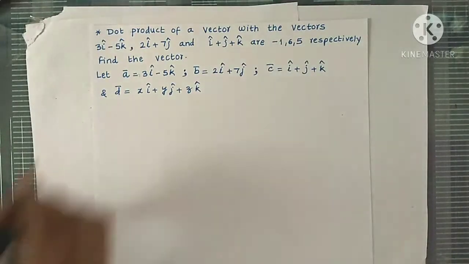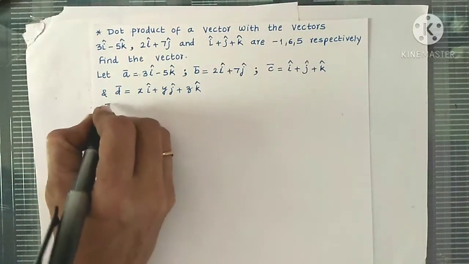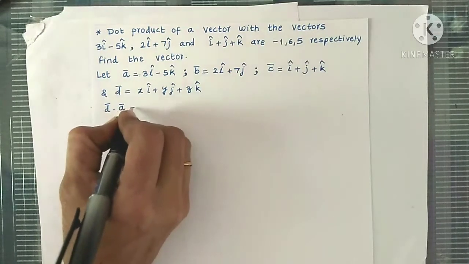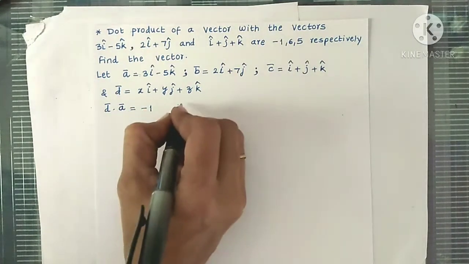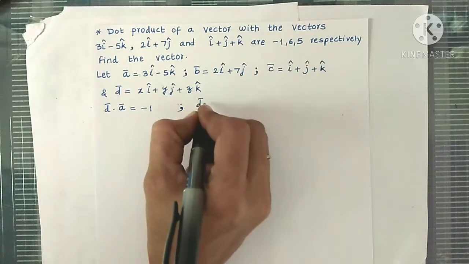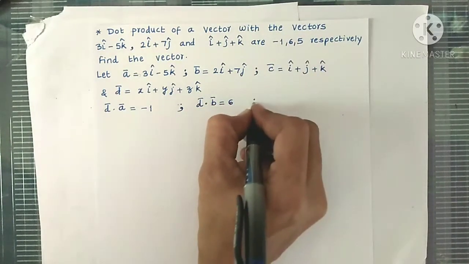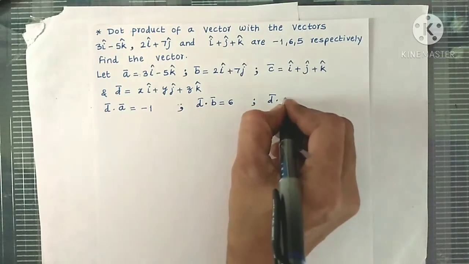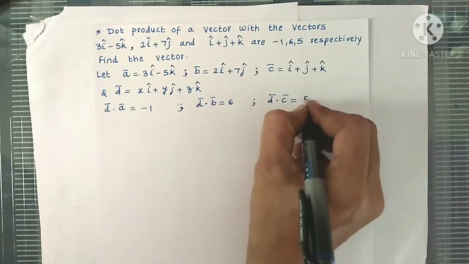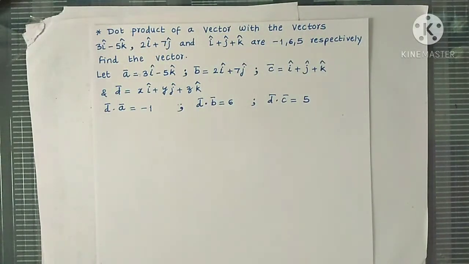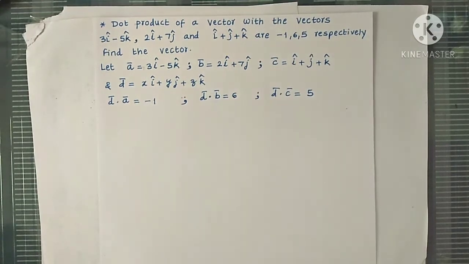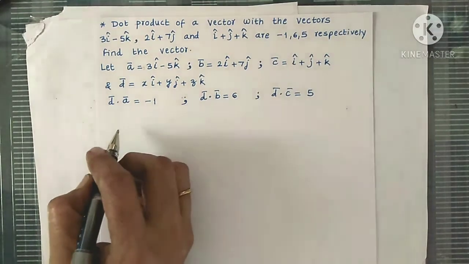So let's write that: d bar dot a bar equal to minus 1, then d bar dot b bar equal to 6 and d bar dot c bar is 5. So using this dot product, we will have three equations in terms of x, y and z. So let's write those equations and solve them simultaneously to find values of x, y and z.